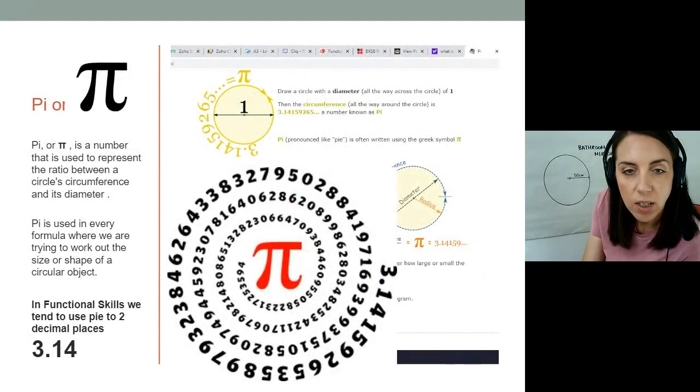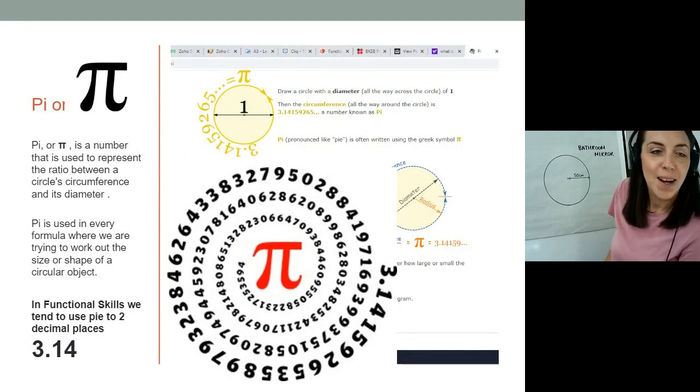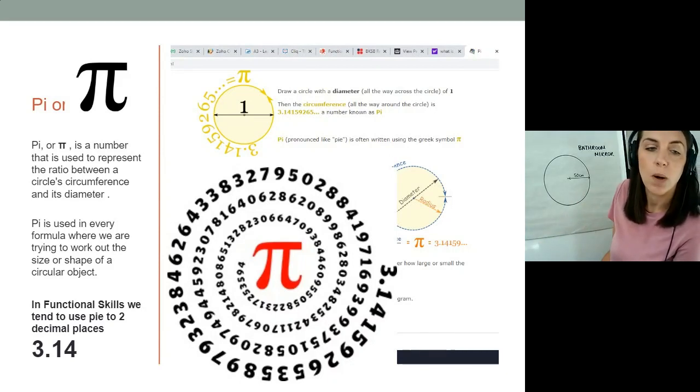Now, pi. I don't think those images have come across very well. Pi is a number that is used to represent the ratio between a circle's circumference and its diameter. So pi is used in every formula where we are trying to work out the size or shape of a circular object. In functional skills, we tend to use pi to 2 decimal places, 3.14.